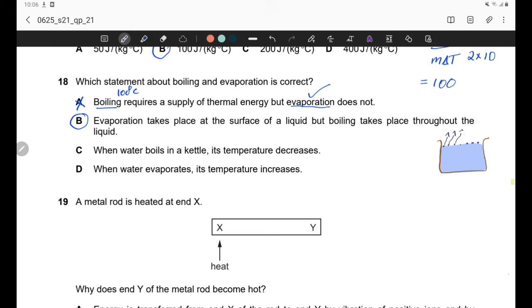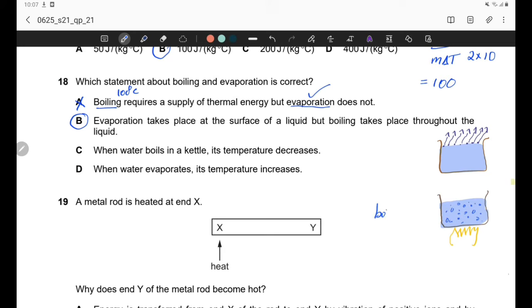So evaporation happens only to the molecules at the surface of the liquid. That's why it's called a surface phenomenon. But when we boil a liquid by supplying a very high temperature, the whole liquid gets high energy and all the molecules start to vibrate and escape.